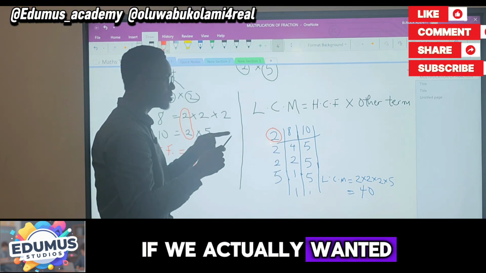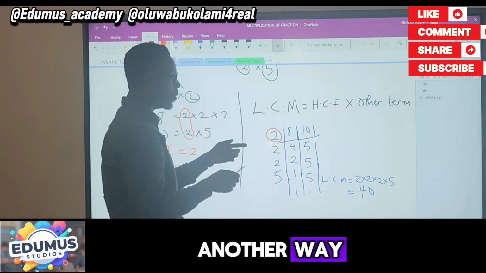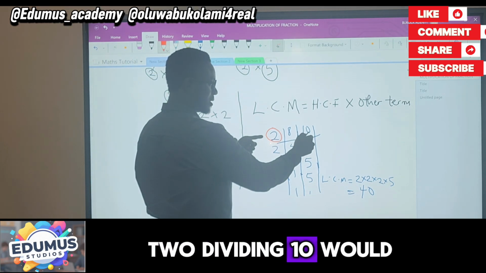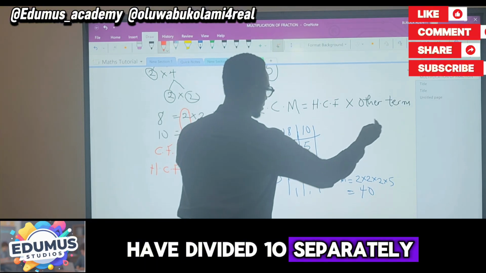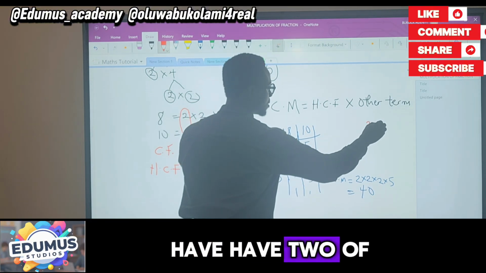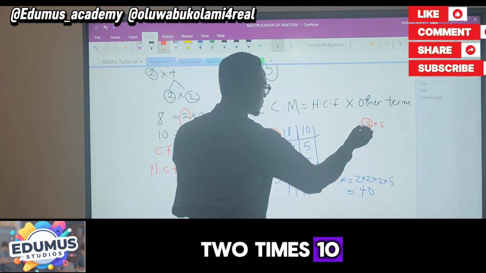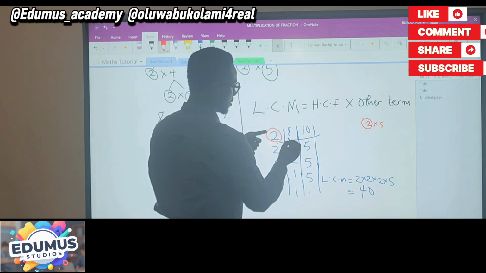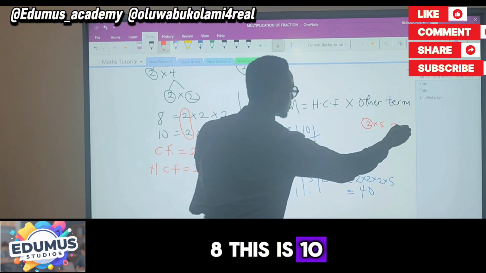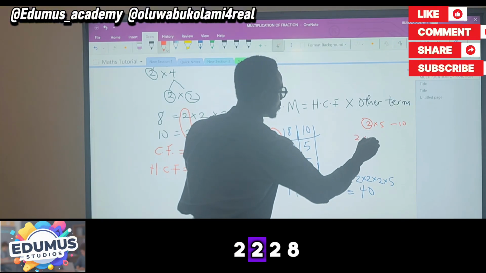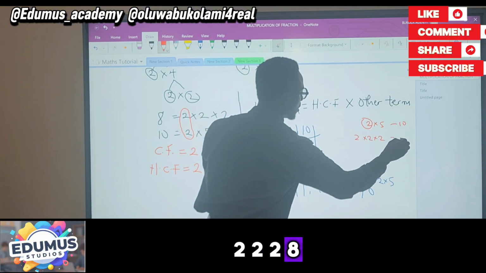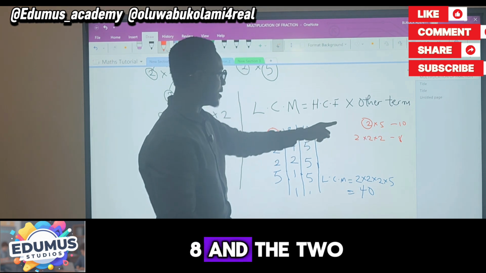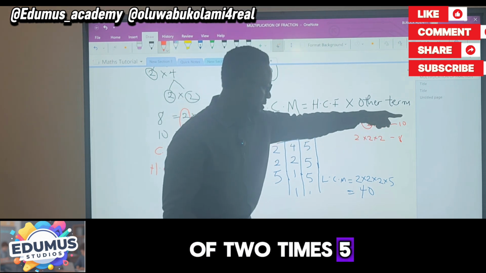If we actually wanted to do it in another way, the 2 dividing 10 would have divided 10 separately, meaning that we would have a 2 for 10 and still have the 3 2s here for 8.